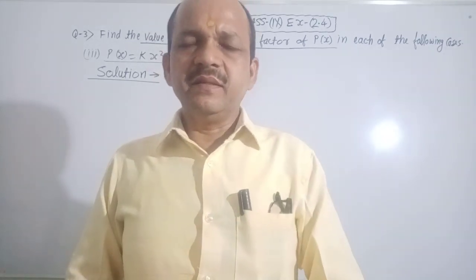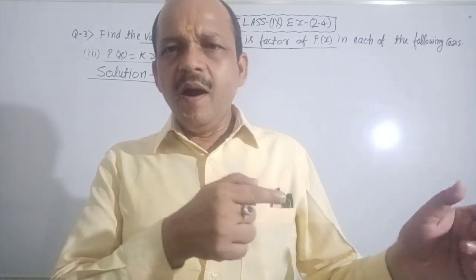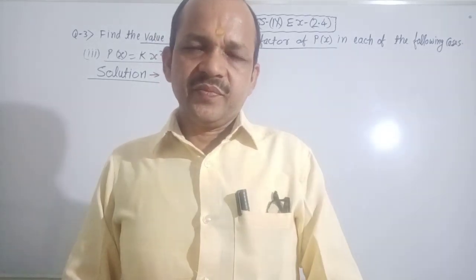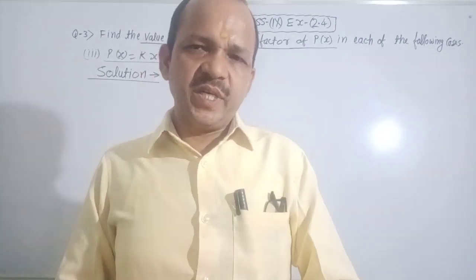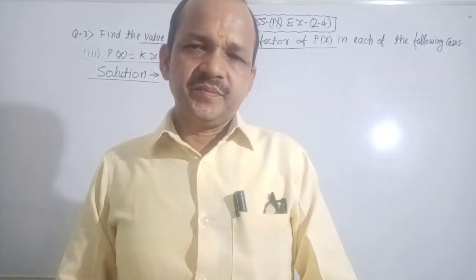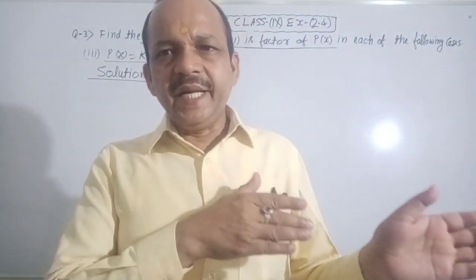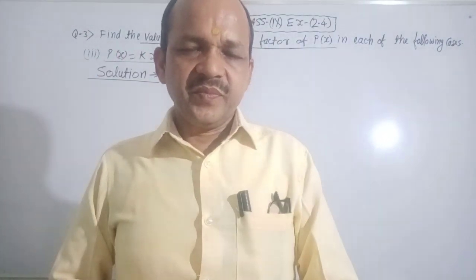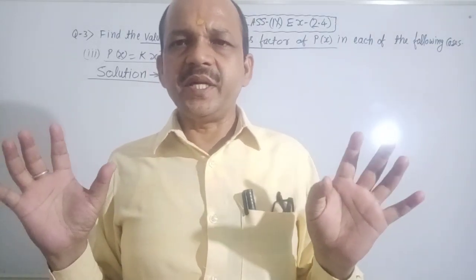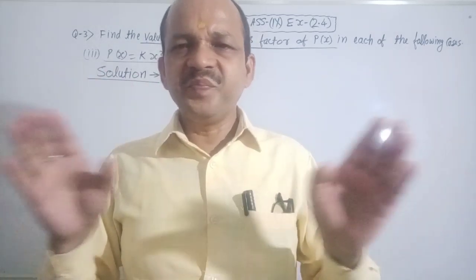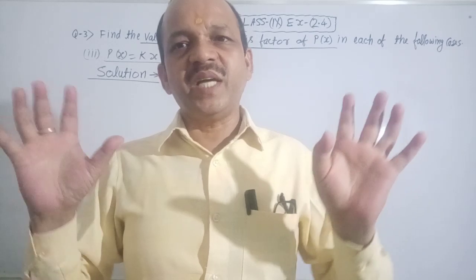Firstly, you find the value of x of g(x), then you put it in the given polynomial, means in the dividend, and then compare right side and left side. In this way you can find the value of k very easily. My words are clear? No confusion about it? Very good. You can solve your question very easily.